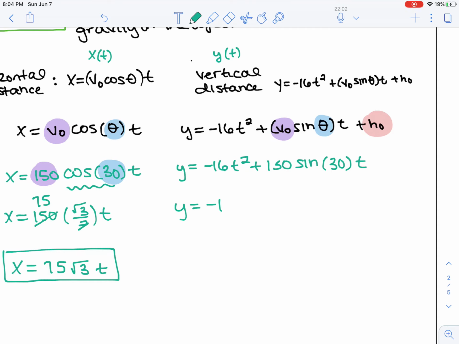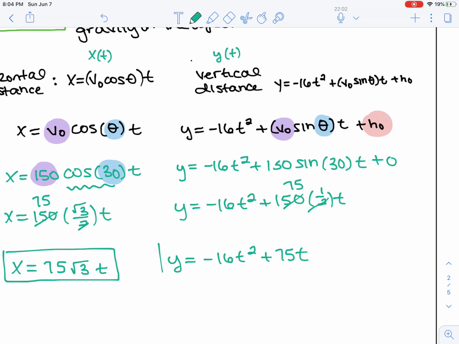We'll see that this is y equals negative 16 t squared plus 150 sine of 30 degrees, which is going to be 1/2, multiplied by our variable t. Remember, there's this plus 0 at the end, that initial height of 0, but we don't need to write that down every time. So our parametric equation describing the vertical distance of our golf ball is y equals negative 16 t squared plus 75t, where that 75 is coming from the simplification of that 150 times 1/2.